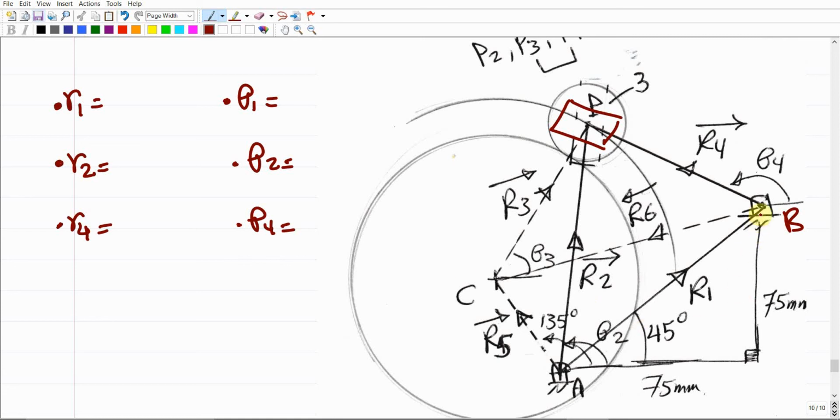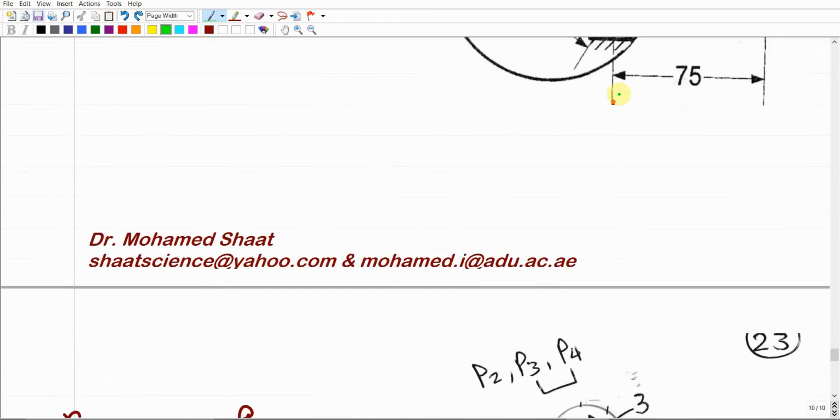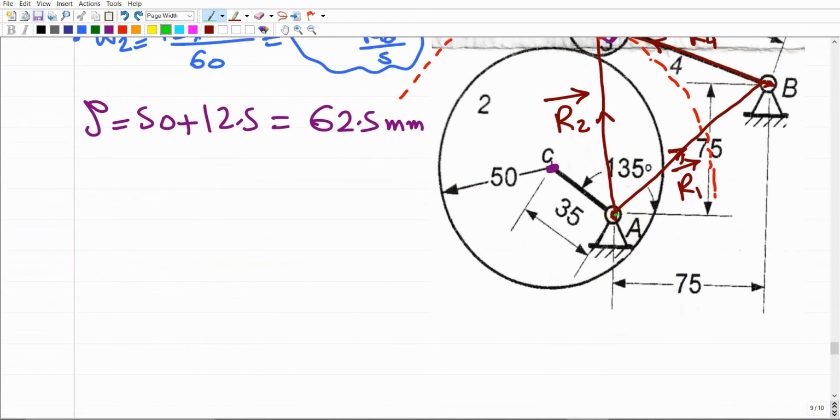So simply, if we consider this triangular shape, this height is already given as 75. This resultant distance was given as 75 millimeters in the original problem up there. If you just connect this line and this line, this gives us this triangular shape, where this vertical distance is already given as 75.